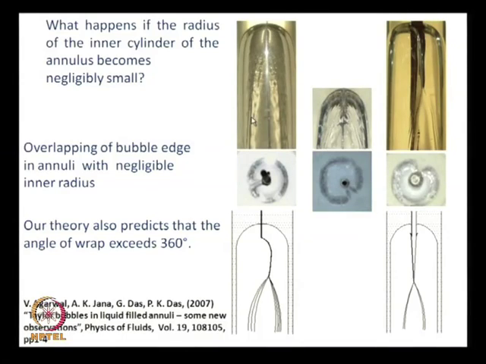So, we expected that when we make it a very thin rod, then the two edges should coincide and we should get a very nice rotationally symmetric bubble, which we observe for the case of a circular tube. But unfortunately, we find that nothing of that sort happened and the bubble became a completely different shape in this particular case, as we see from these figures.